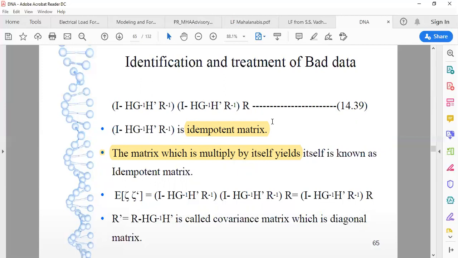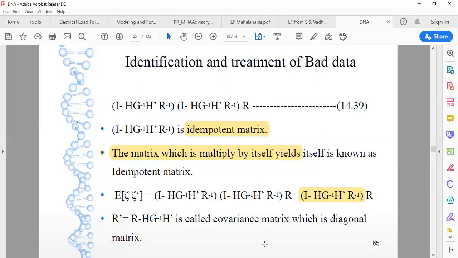Suppose we have three matrices, A, B and C. If we multiply A, B and C with the same A, B and C, then it will result in the same thing, A, B and C. Then we can say that this matrix is an idempotent matrix. So by using that matrix property, we can say that this is nothing but a simple I minus H into G inverse into H transpose into R inverse, and R will be as it is.